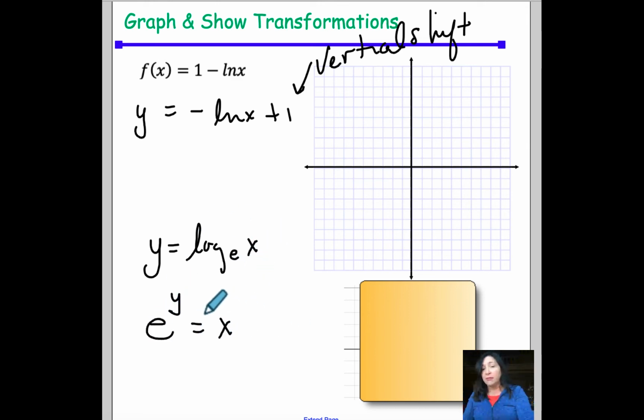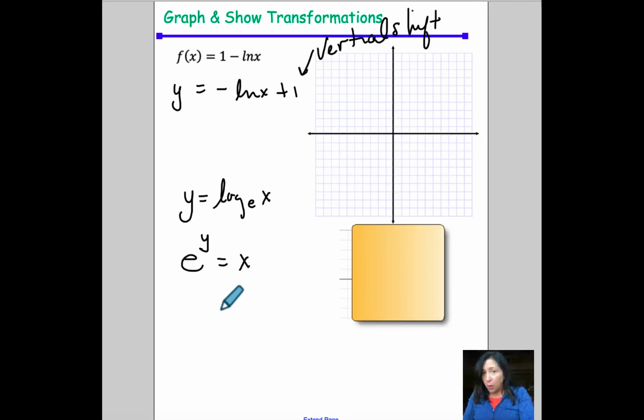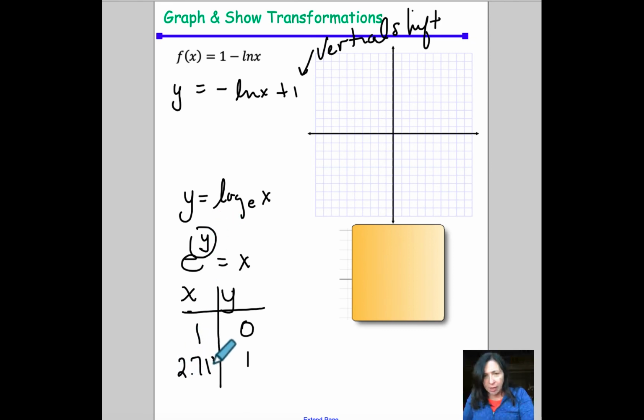Now, I'm not doing the inverse, which I could do if I wanted to, but I'm just going to graph this based on having y up here, and I'm going to do y first. So plugging in 0, I'm going to get e to the 0 power is 1, and plugging in 1, I'm going to get e to the 1 power, which is 2.718.